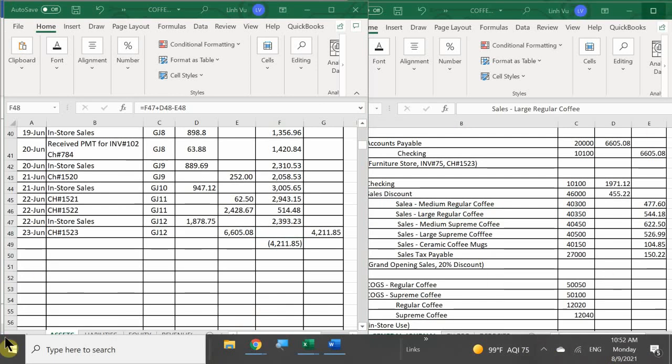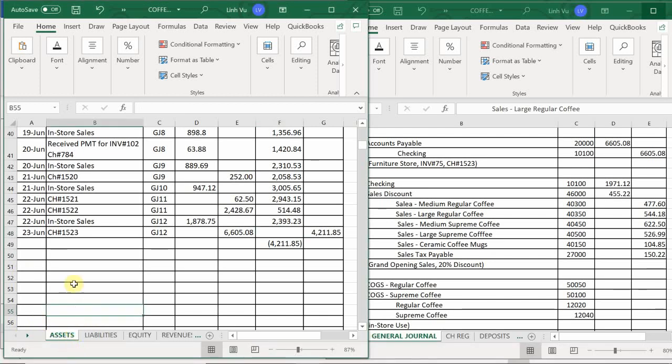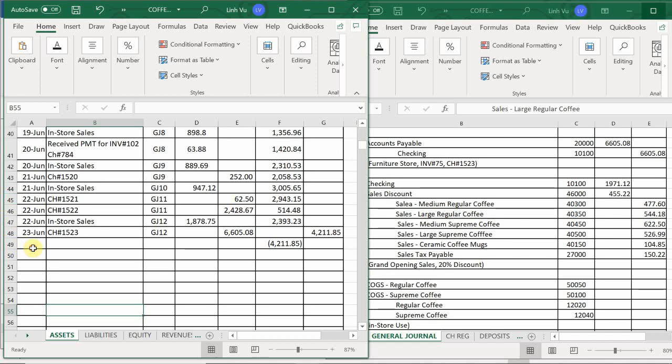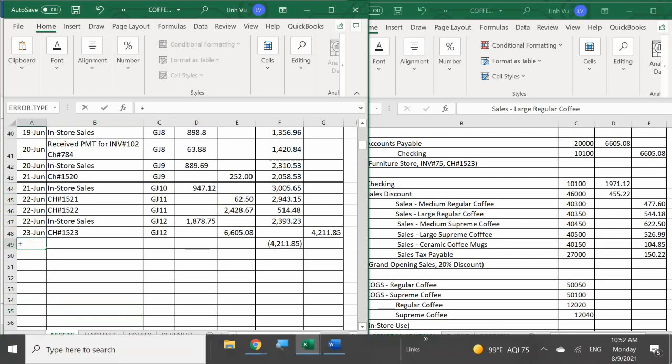Okay. So assets, checking. Here we are, already there from our previous transaction. It is 6:23. This time I had in-store sales.